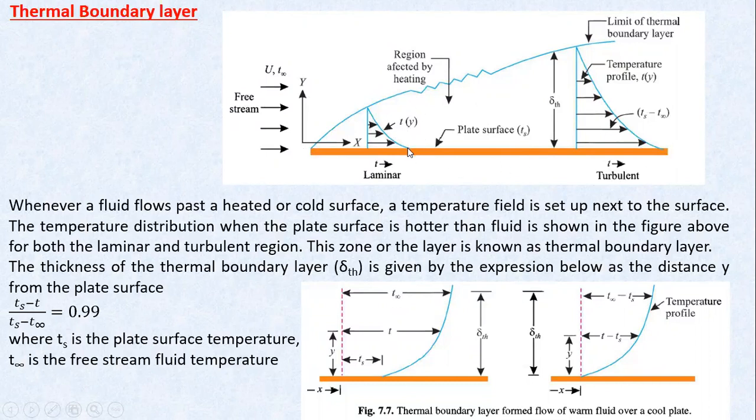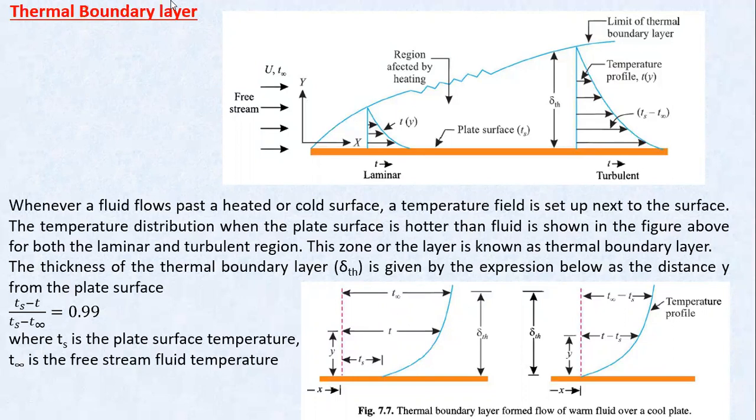Here we can see the temperature profile is going in this direction because at the surface, since the surface is very hot, the temperature is very high. As you go higher, the effect of the free stream increases and the temperature goes on reducing, till it reaches the free stream temperature, since the free stream temperature is far less compared to the plate surface temperature.